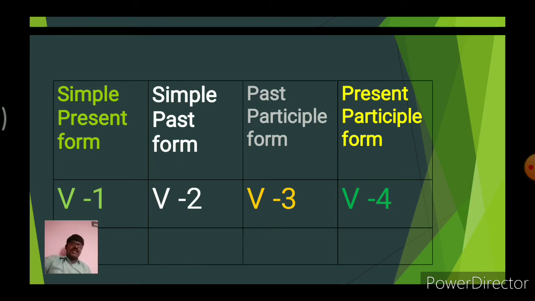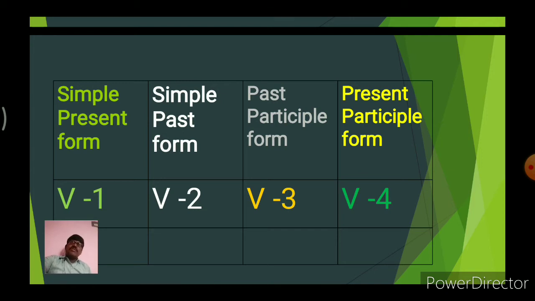That means here, simple present form, which is also called base form, is just indicated as V1, that means verb form 1. Simple past tense form, verb form 2, past participle form, verb form 3, and present participle form, verb form 4. That means V1, V2, V3, V4.